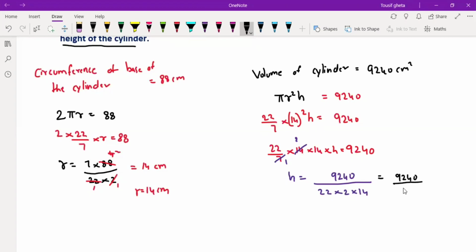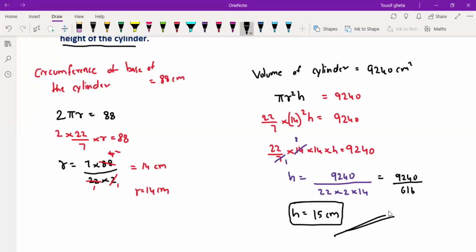If you multiply, we get the value as 616. Further, divide these two values: 9240 divided by 616 will give the value as 15 centimeter. And that is the height of the cylinder.